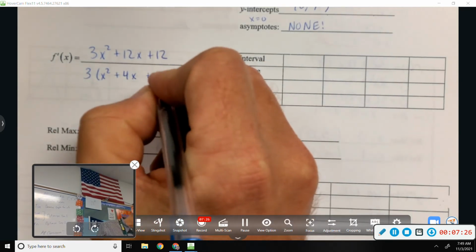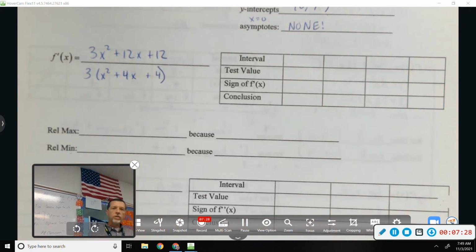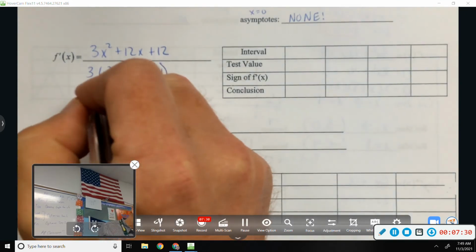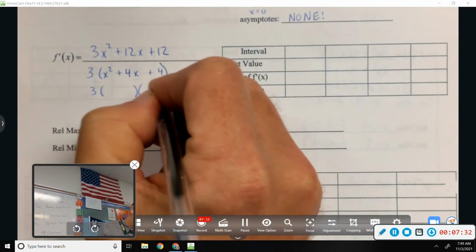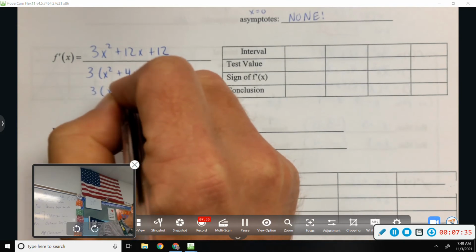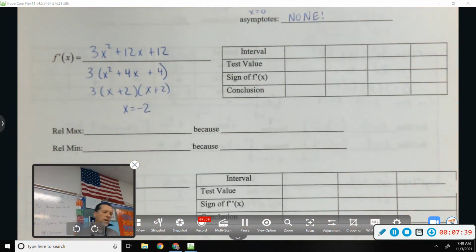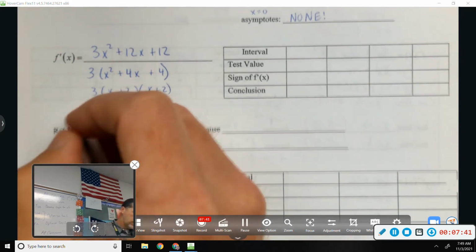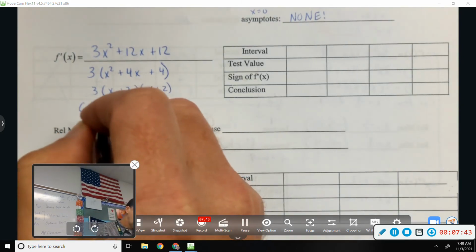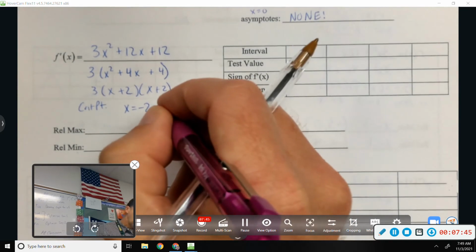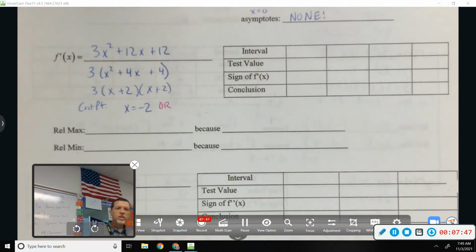Very nice that this one works out okay in terms of factoring. In fact, it works out really nice. I only get one critical point. It's kind of a double root, so something's going on there.